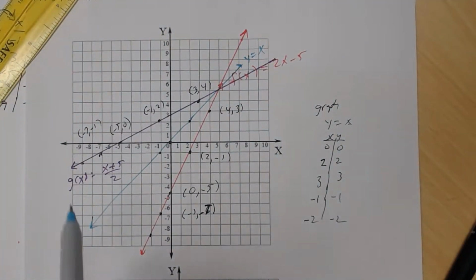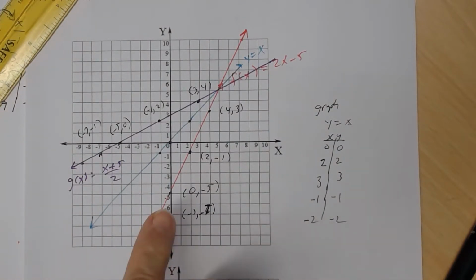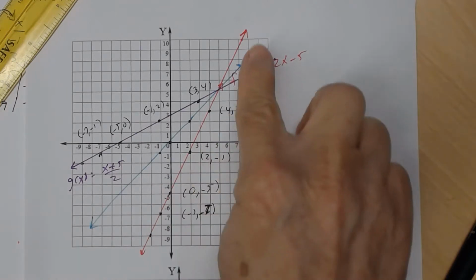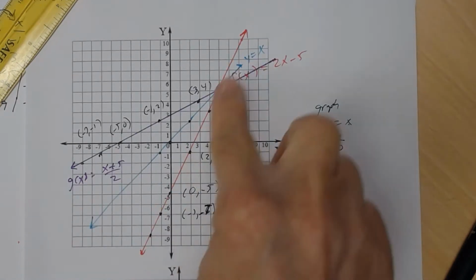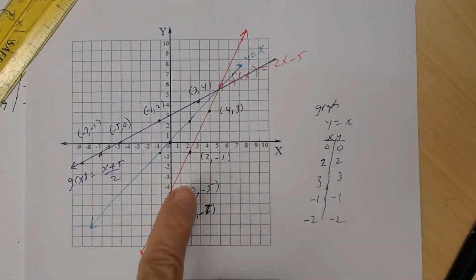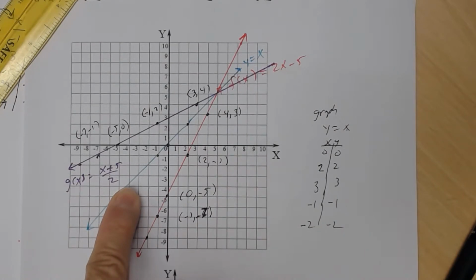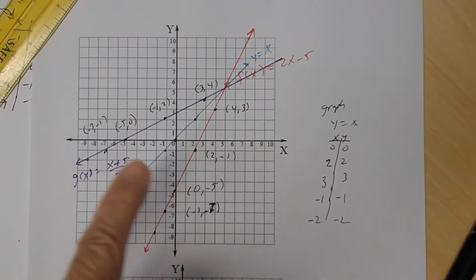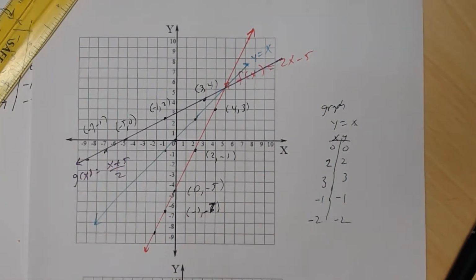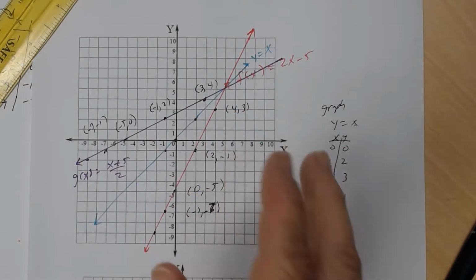So I want you to notice the idea of symmetry. Remember we talked about symmetry in previous lessons. The orange graph, or the red graph here, f of x, is symmetric about the line y equals x. So when I use the idea of symmetry, I get this line back. So just think of symmetry.